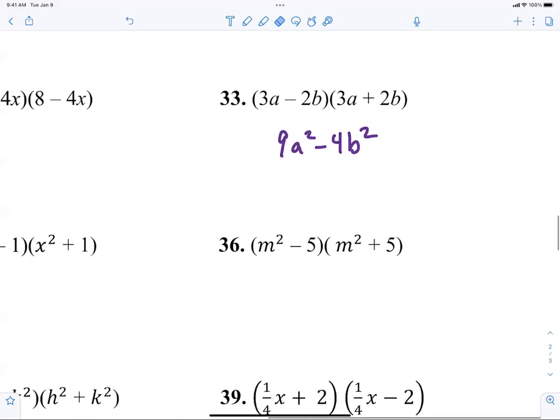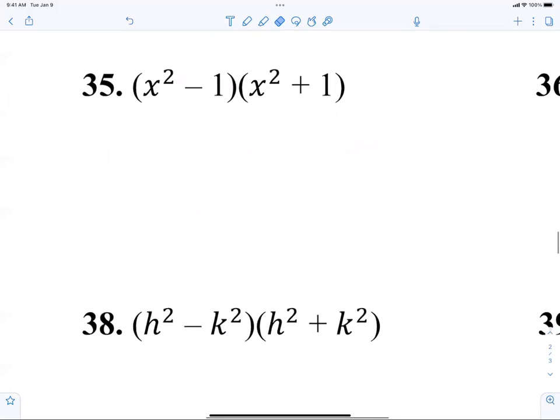Patterns. All right. Luca, 35. X to the 4th. Yes, sir. Minus x. What's going to happen to the middle term, Luca? You're going to cancel. So 4x squared or x to the 4th, what?